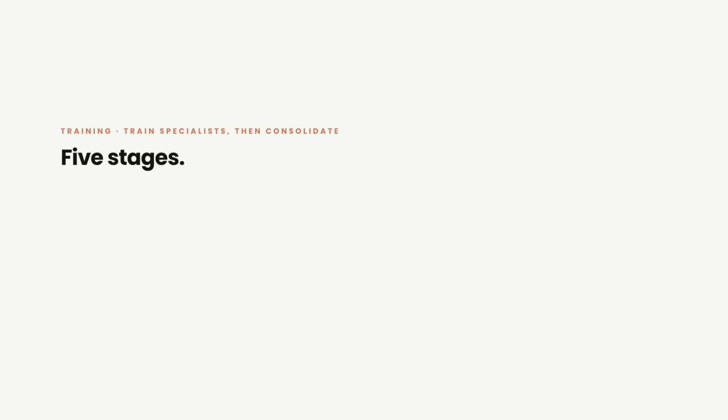Now, the training pipeline is also worth a quick look because it's one of the more elegant designs I have seen recently. There are 5 different stages: pre-training on trillions of multimodal tokens, then specialized supervised fine-tuning where they train 2 separate models, one for thinking with grounding using boxes, one for thinking with pointing using points.